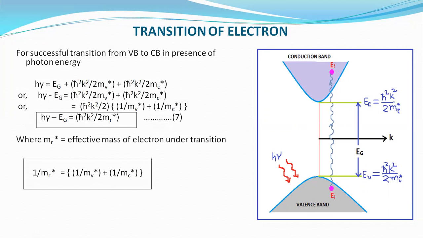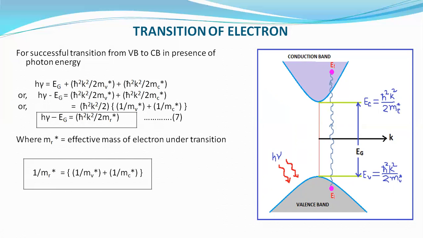For coming from EI to the EV state, you need some energy h cross square k square upon 2 mv star, where mv star is the effective mass of the valence band. Then you have to overcome Eg, plus it is not going to the conduction band minima only, it has some extra energy and goes to some energy state EF.